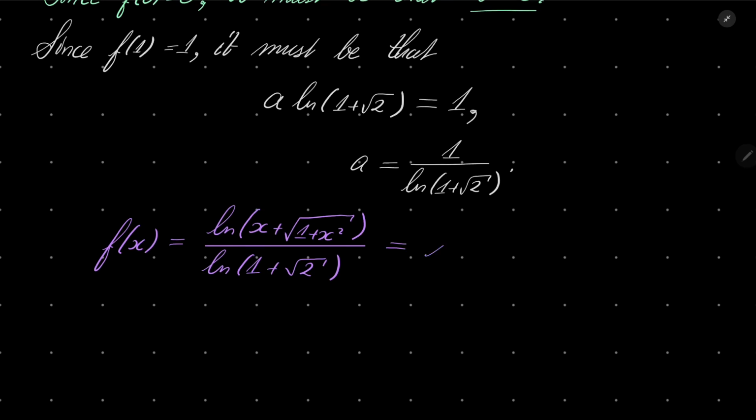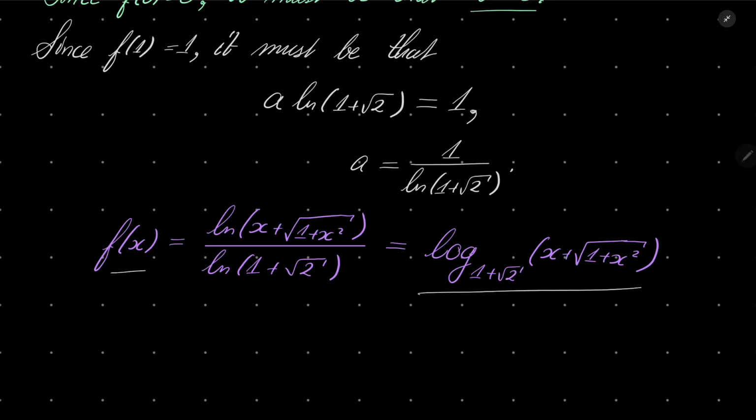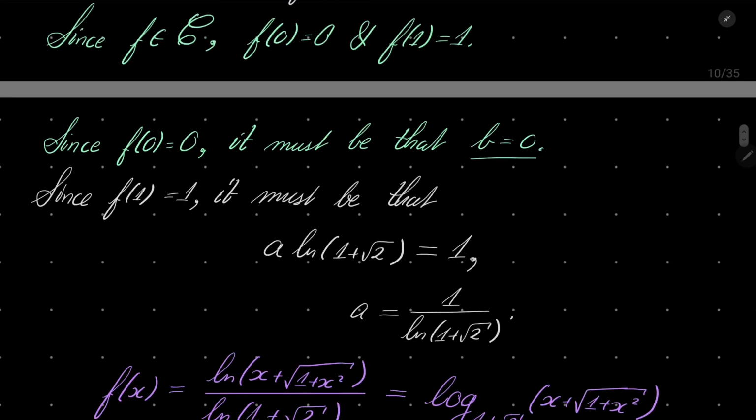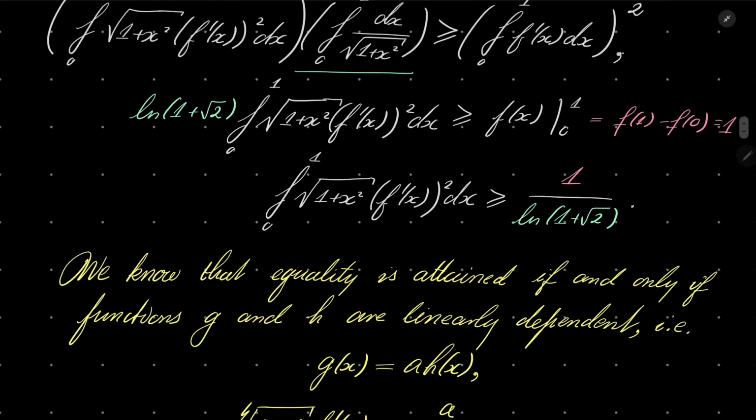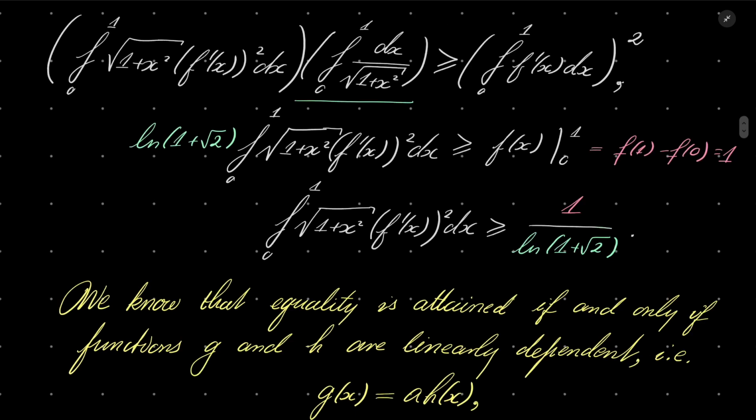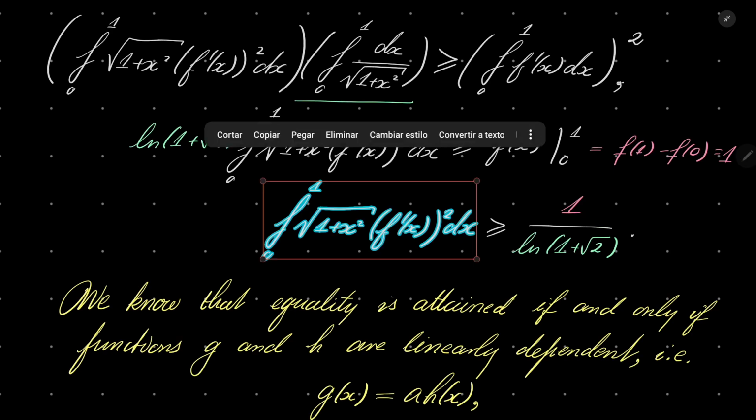It's exactly the same as the logarithm with base 1 plus square root of 2 of x plus the square root of 1 plus x squared. And now we know two things. First of all, our minimum is actually attained for this and only this function. And moreover, our minimum equals this number. So let's write it and finish our problem.